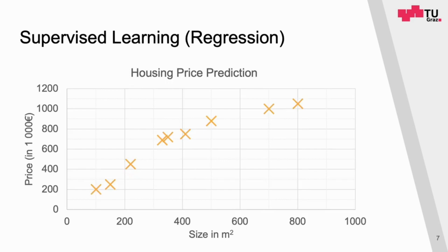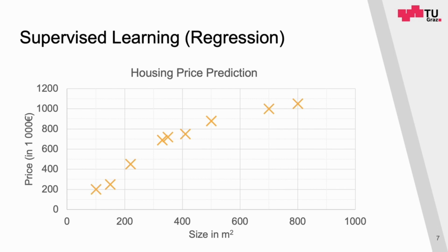Let's look at the first family of learning algorithms, namely the supervised learning algorithms. Here we have regression as an example. Regression is a supervised learning algorithm, and the data we're using in this example is called the house pricing data set.